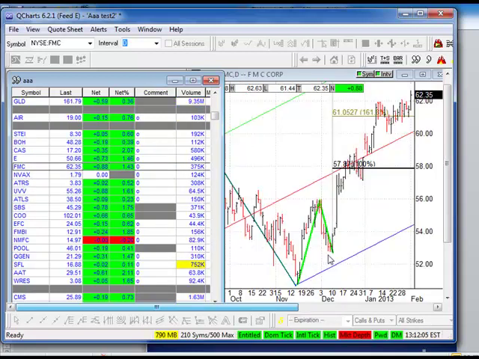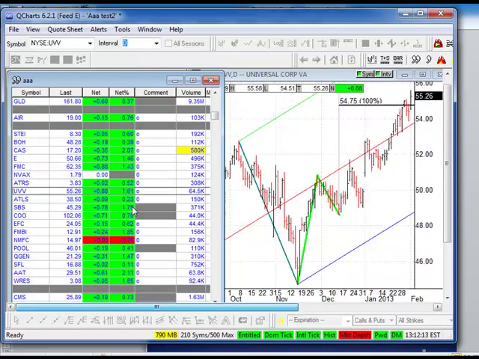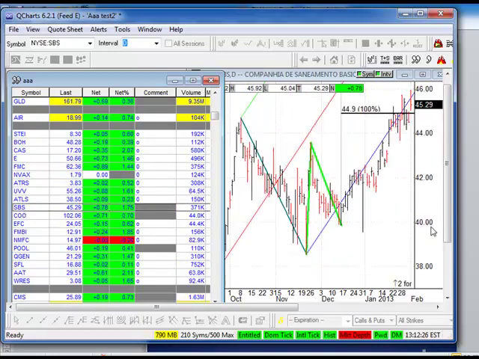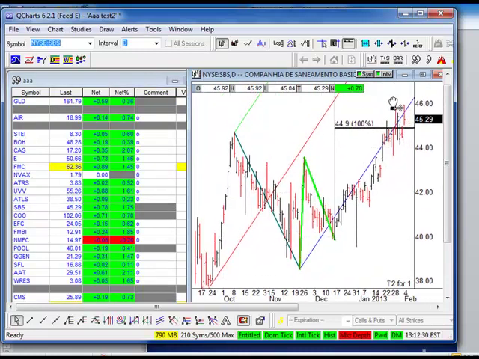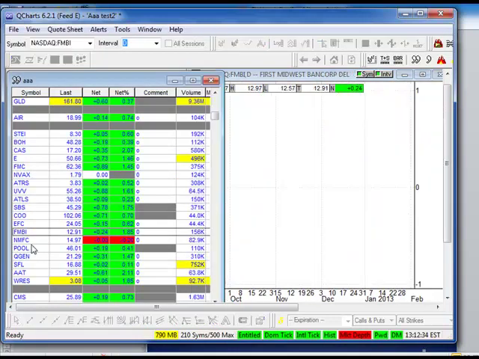FMC made it past the median line and past the 162% point. UUV made it past the 100% point and past the median line. And this is something that would typically be expected in a bull market. Here's one that didn't make it much past the median line at all, couldn't even get there, but did make it past the 100% point.